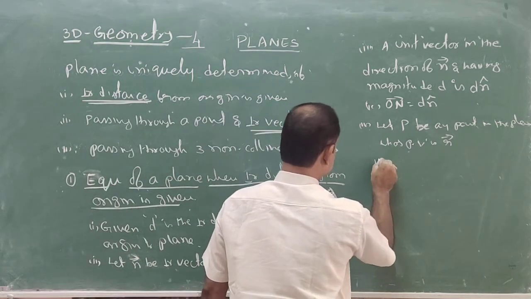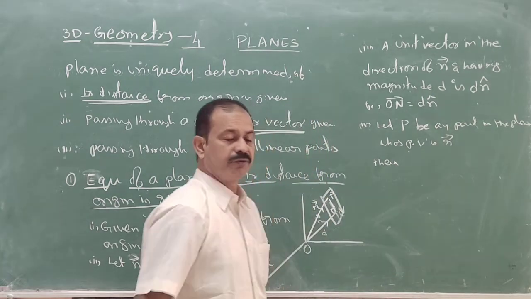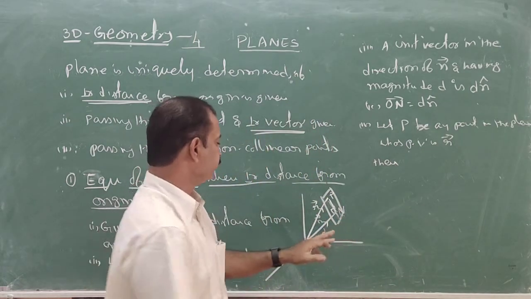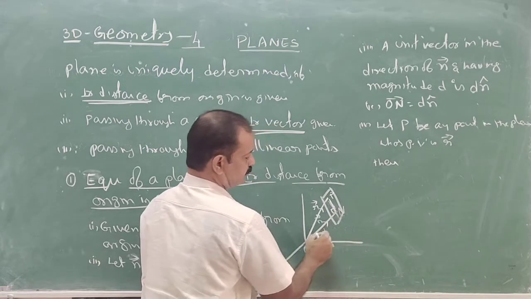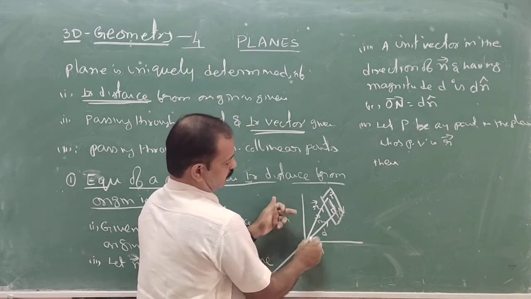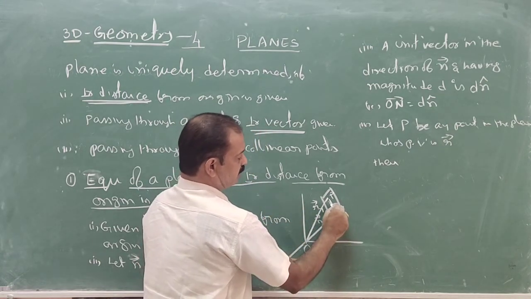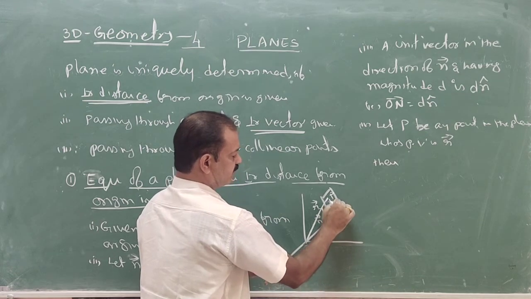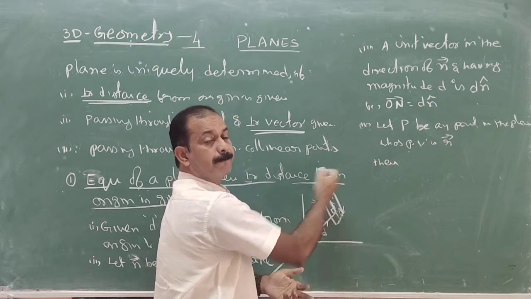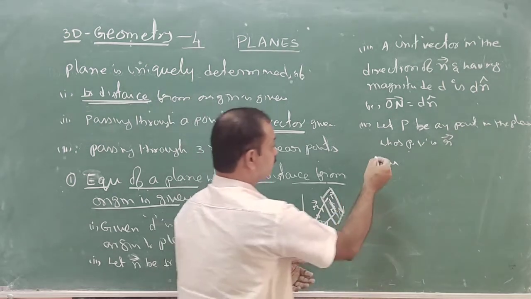Then we know that this is, you can see, dA, this is ON plus NP is equal to OP by using the triangle law of addition.